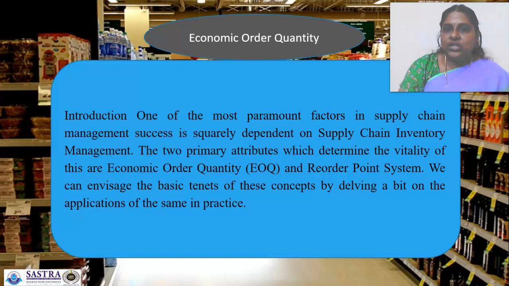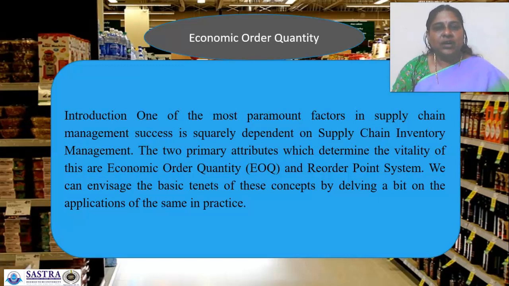One of the most prominent factors in supply chain management success is squarely dependent on supply chain inventory management. The two primary attributes which determine the vitality of this are economic ordering quantity and the reorder point system. Already I have noted it in my slide.